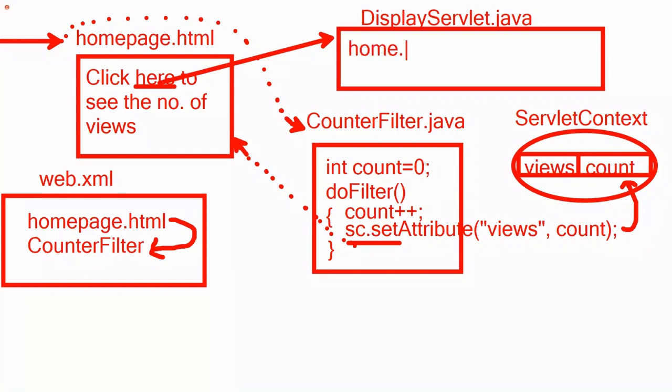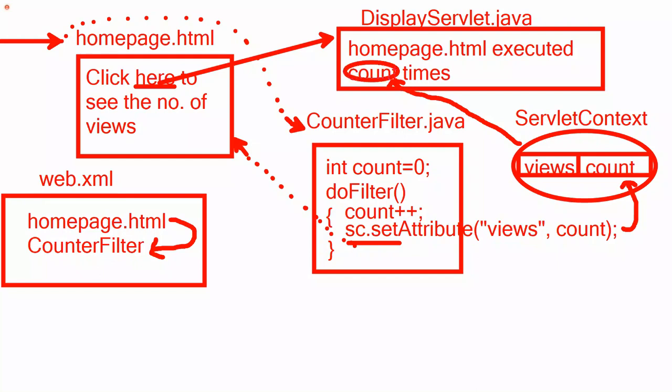Homepage.html executed count times. This count I'll retrieve from context. This is a variable. This is our task.